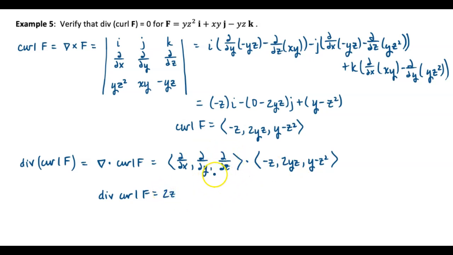Partial with respect to z of y minus z squared is going to be negative 2z. 2z minus 2z is equal to 0. And so the divergence of the curl of f, let's just put parentheses to stay consistent, is equal to 0. And that's all there is to it.